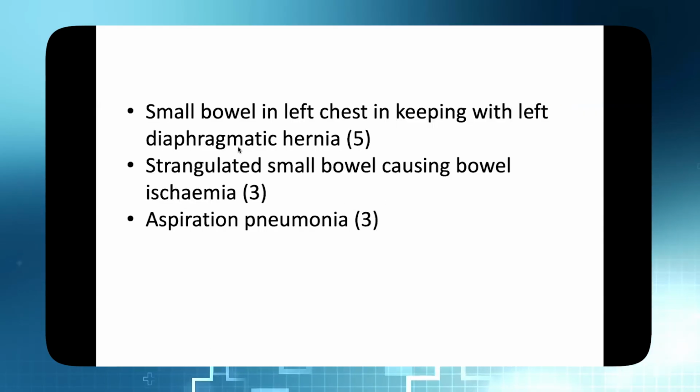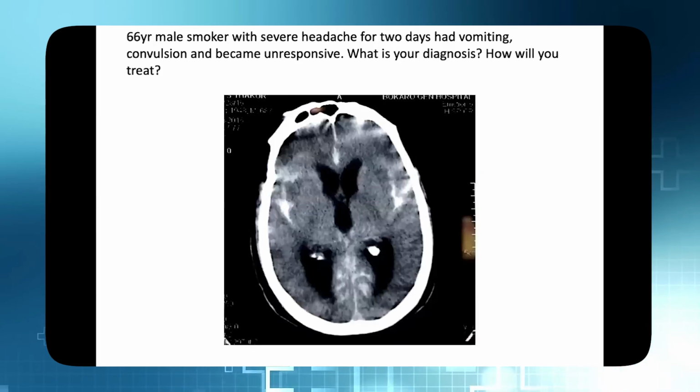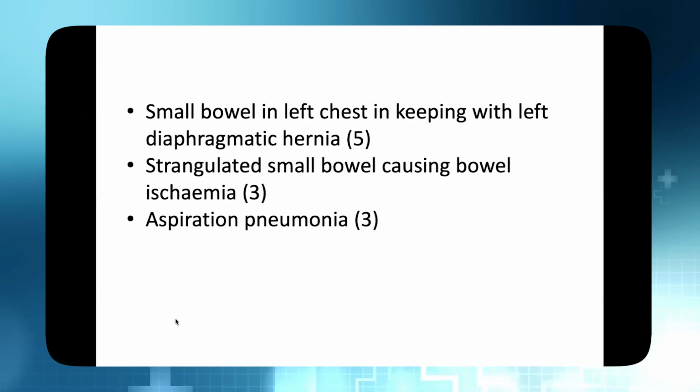Small bowel in the left chest, in keeping with left diaphragmatic hernia, strangulated small bowel causing bowel ischemia, aspiration pneumonia. These three are your diagnosis. This is an X-ray of 2014.